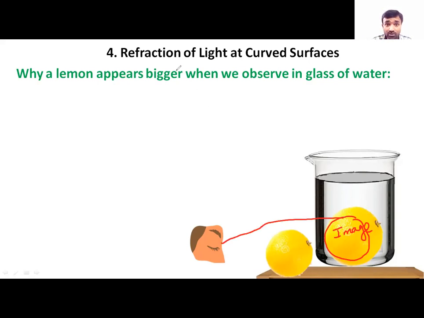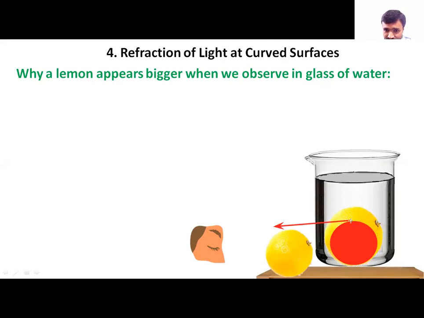You are receiving the light from that lemon towards your eye. Sorry, I'm unable to draw straight, so I'll use the templates. What I'm showing you here in red color is the original lemon. When you view that through the glass of water, what happened here?